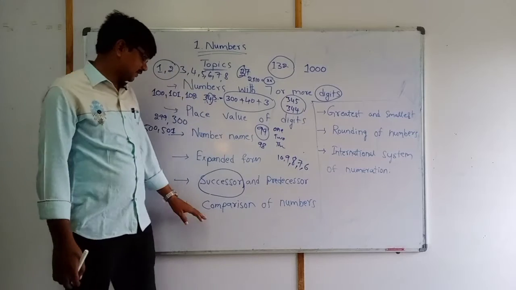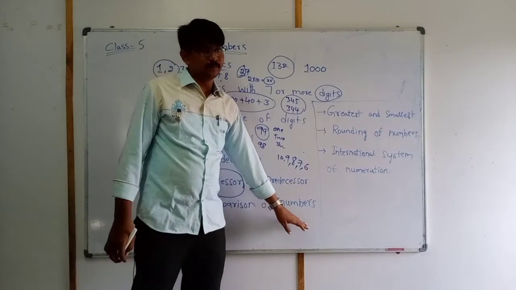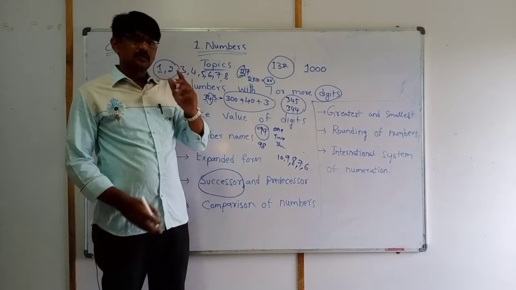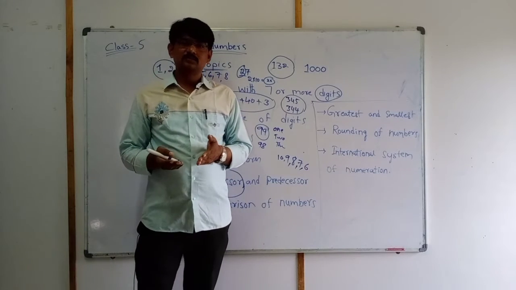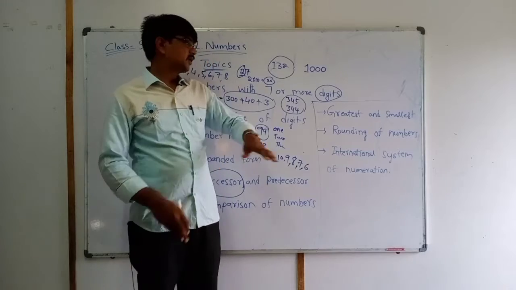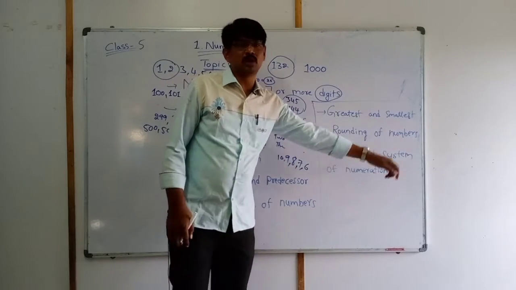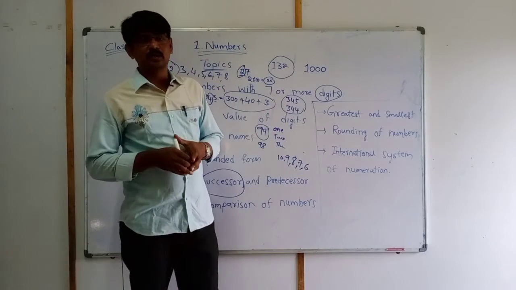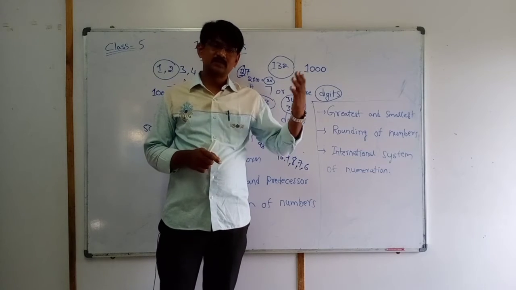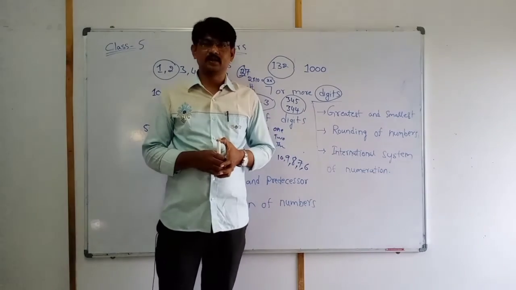topic. Next, comparison of numbers. Yes, if two numbers are given, we compare the numbers. Next, greatest and smallest. Which is the greatest number? If two or more numbers are given, which is the greatest number we need to say.